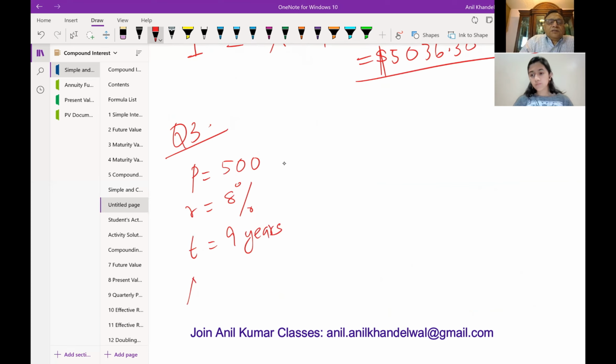The amount formula is principal multiplied by (1 plus rate of interest) to the power of T. So this is compounded annually, right? It is an exponential formula. Now substitute the values and calculate. We have 500 times (1 plus 8%, which is 0.08) to the power of 9, correct?